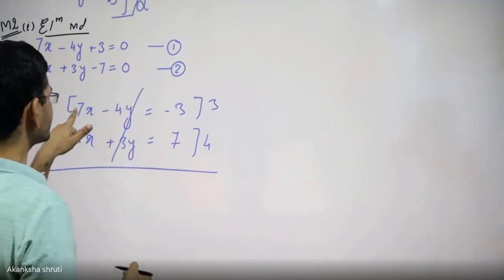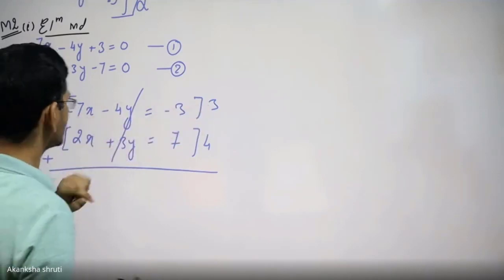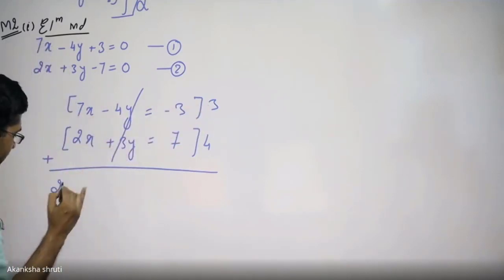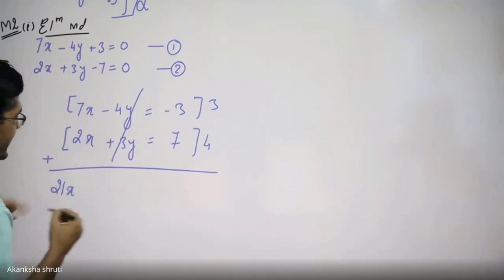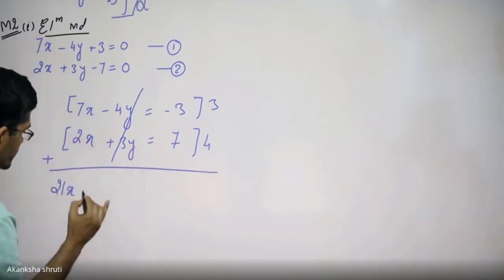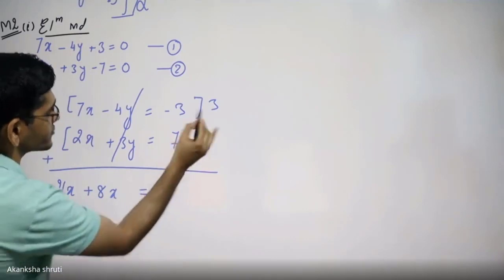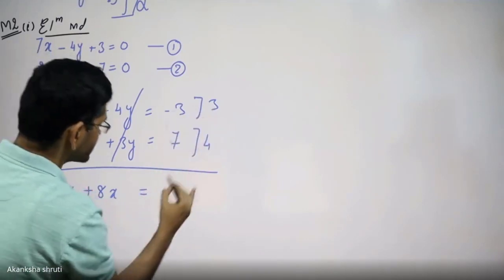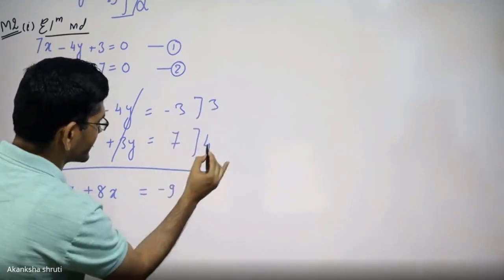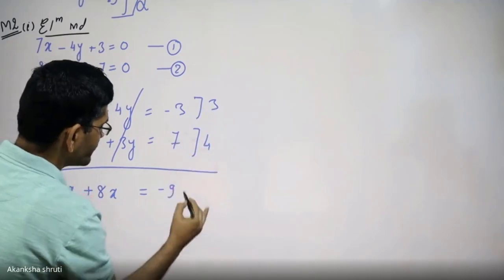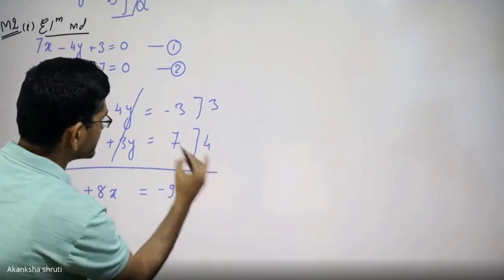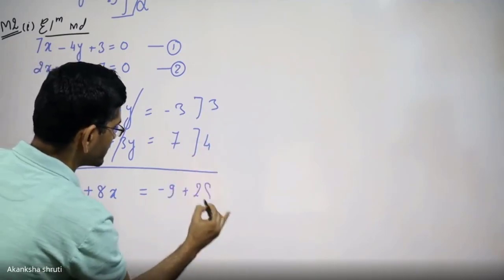What is the x? 7 3s are 21x. From the second, 4 2s are 8x is equal to, on the right hand side, 3 3s are minus 9, 7 4s are 28.